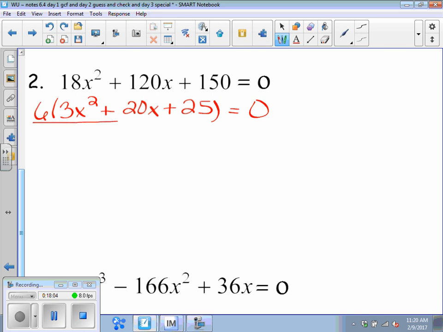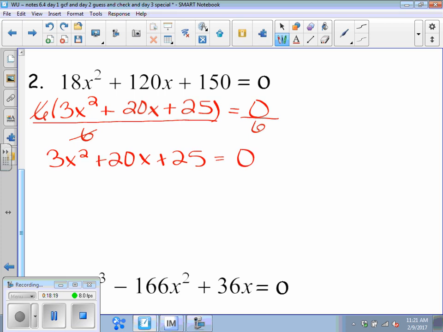And so what I'm basically doing is dividing both sides by 6. Now 0 divided by 6 is still just 0, right? So it didn't change the right-hand side. So we have 3x squared plus 20x plus 25 equals 0. Now, factor that, and then set each factor equal to 0.